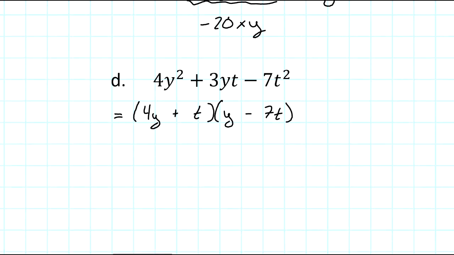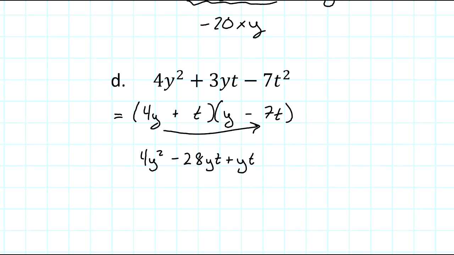If I try that way, then I'd have 4y squared minus 28yt plus yt. Sorry, that's a negative 28 times y times t, and then a plus y times t. And already I see that this isn't going to work out. Those don't add up correctly.